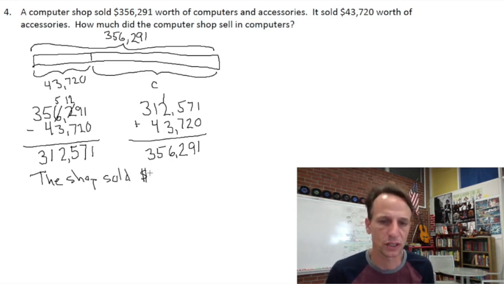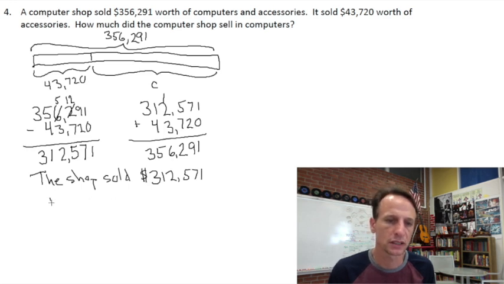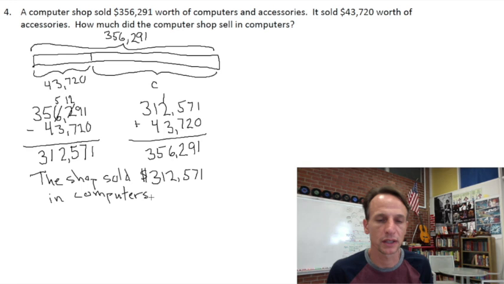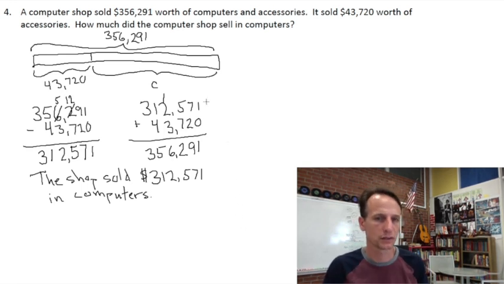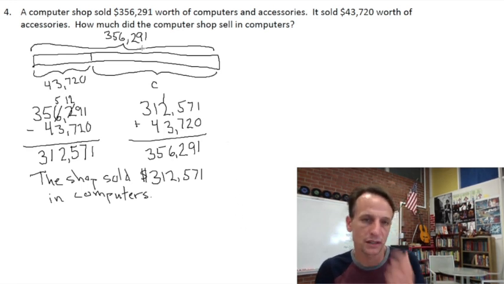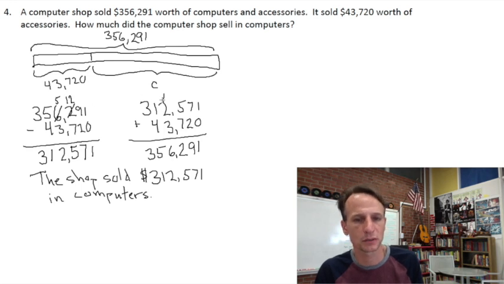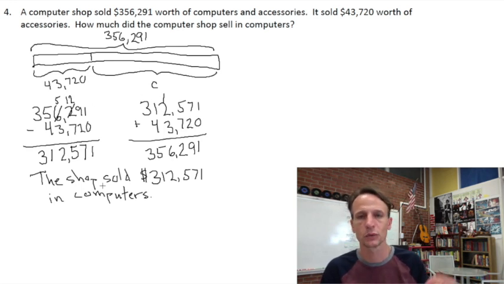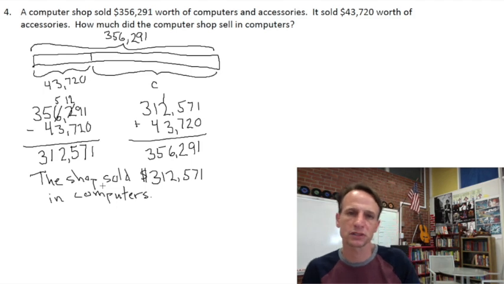Okay, $312,571 in computers. That's a tidy sum. Period. All right, we did our model tape diagram, we subtracted, we did a complete check, we wrote our statement. We're done. Let's roll on like a river to number 5.